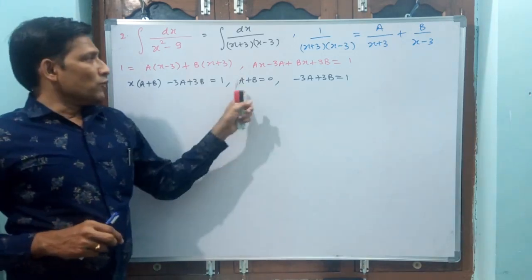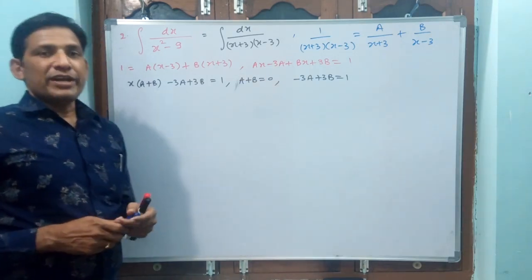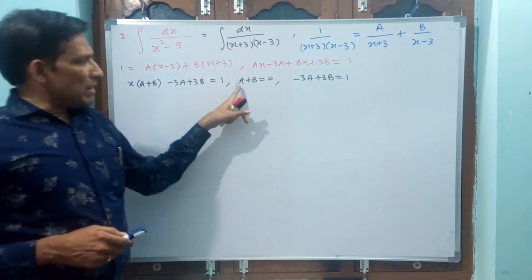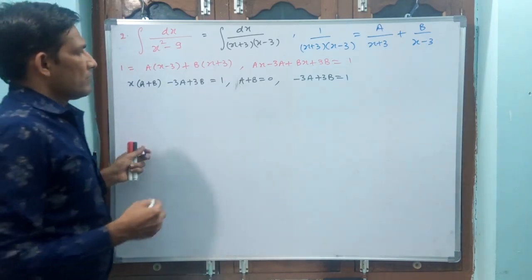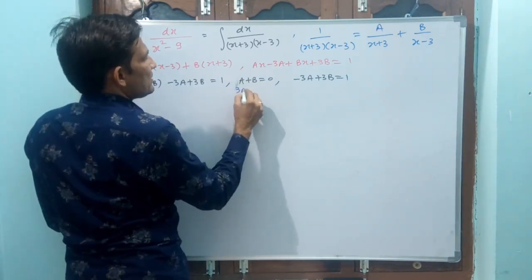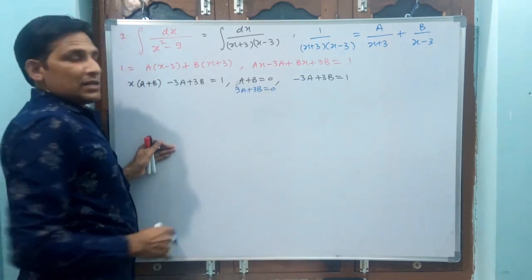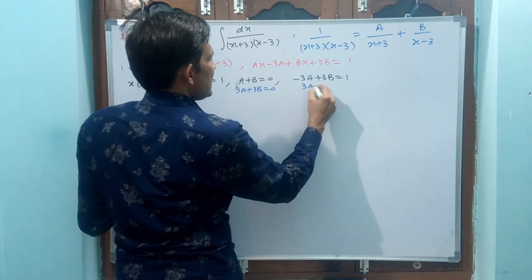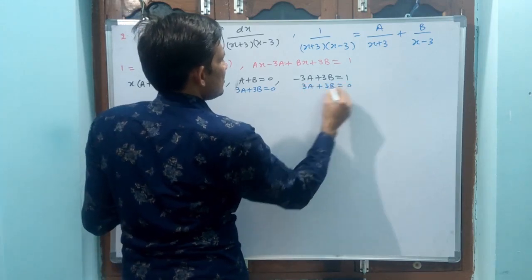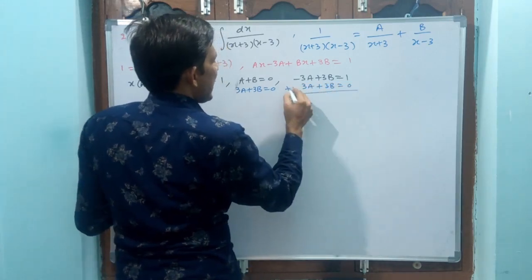See, if you solve these two equations, you are going to get a and b. How to solve? You multiply this with 3. If you multiply, automatically 3a plus 3b is equal to 0. Then you apply here, 3a plus 3b is equal to 0, and add.